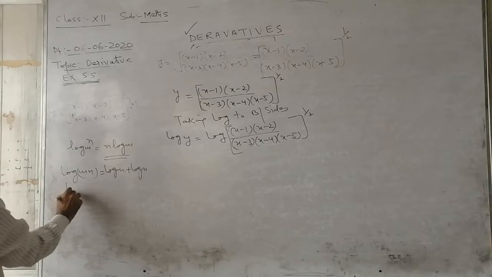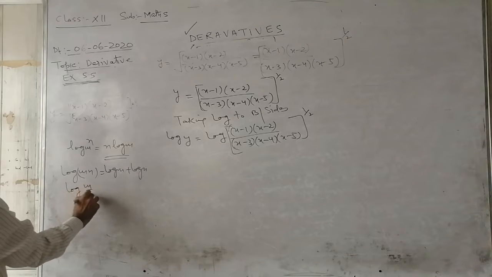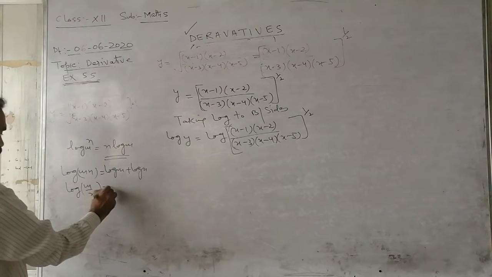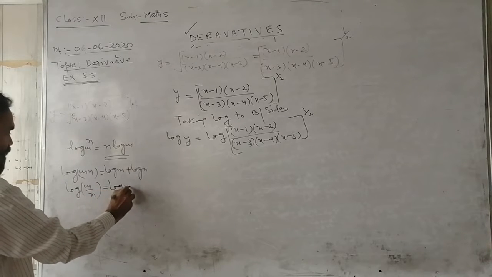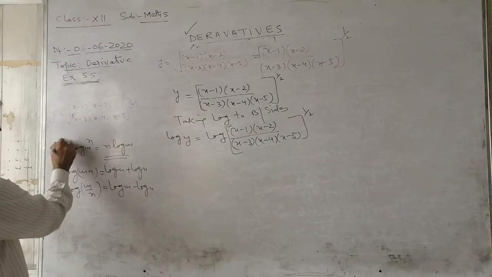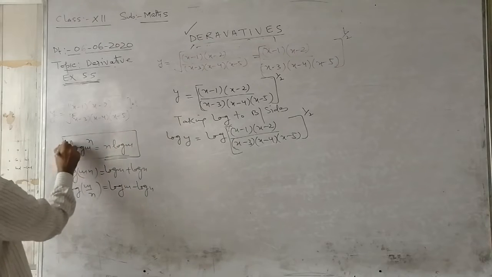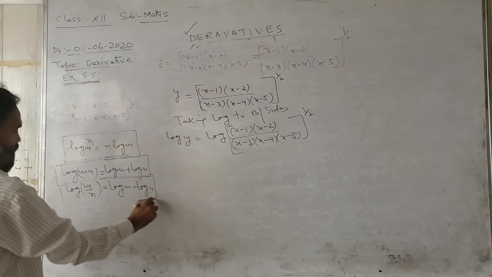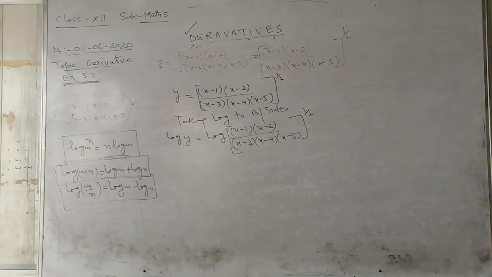The second one is log of m upon n, that is m divided by n, this is equal to log m minus log n. And the third is this one. So these are the basic formulas of log.